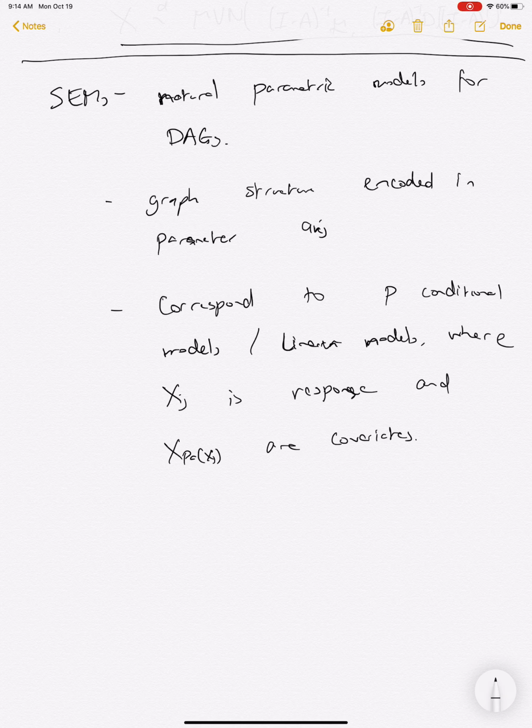So this has a natural connection to regression or supervised models. A lot of what we learned in the first three modules is very relevant here.